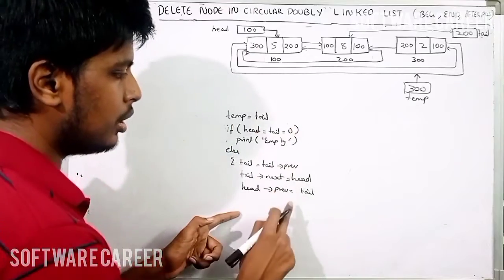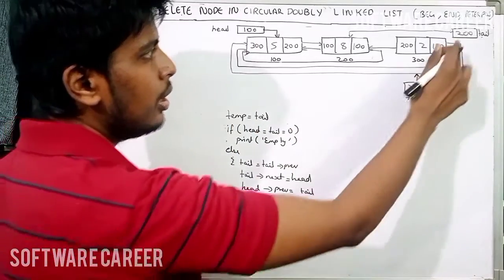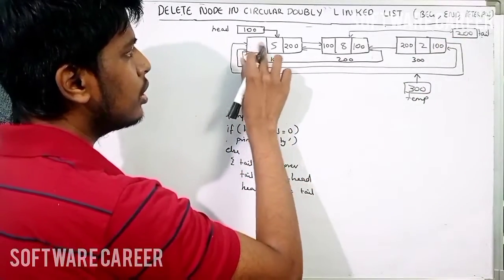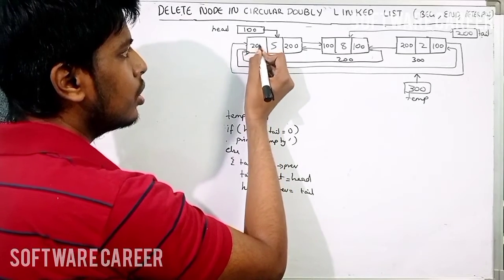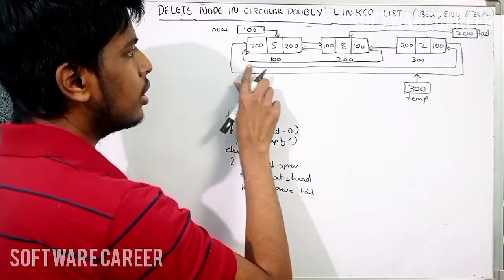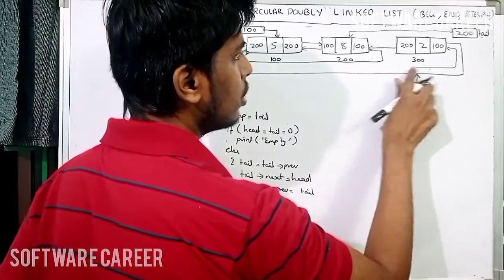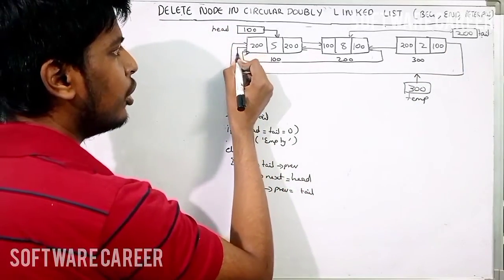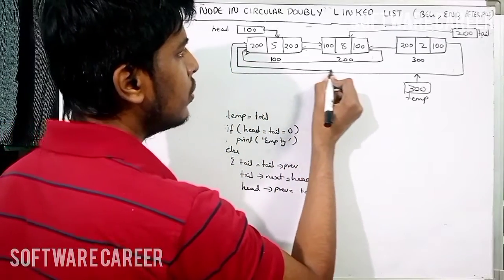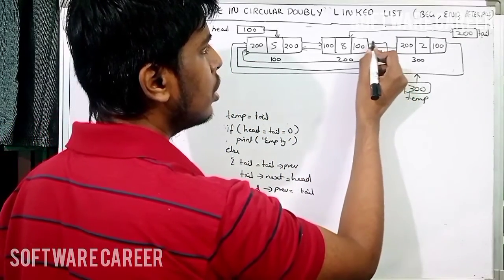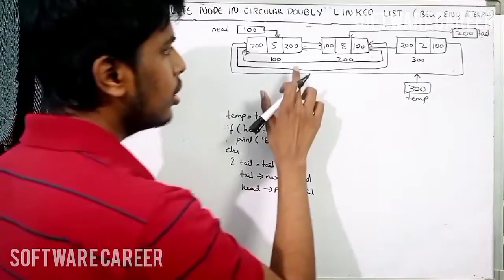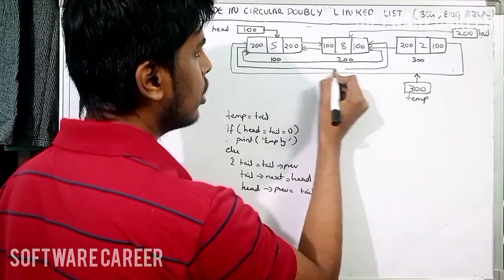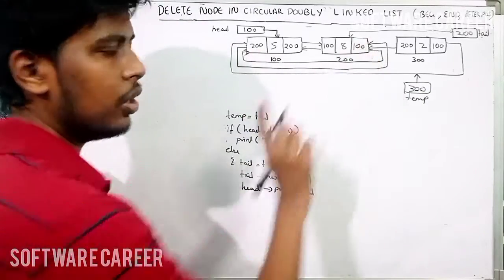In this, 300 is changed to the tail address. Tail is 200. So 200 is written here. So this link is getting cancelled, and this previous pointer is pointing to the node which has address 200. So this node. See here. Now this pointer is pointing to the second node.